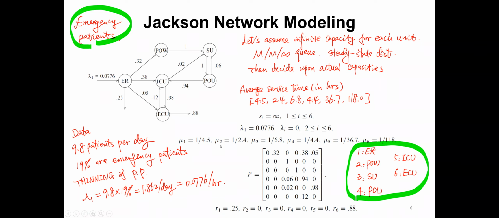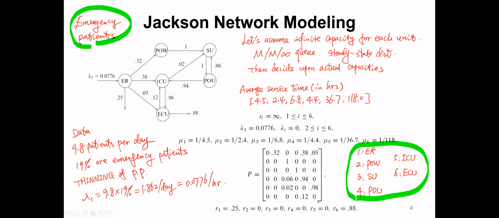So this is the service rate, mu, and we also got 0.25. That means 0.25 exits to the outside, discharged. From here, if you sum this row, it doesn't equal 1, but if you add the probability to go outside, discharged, it is actually 1.